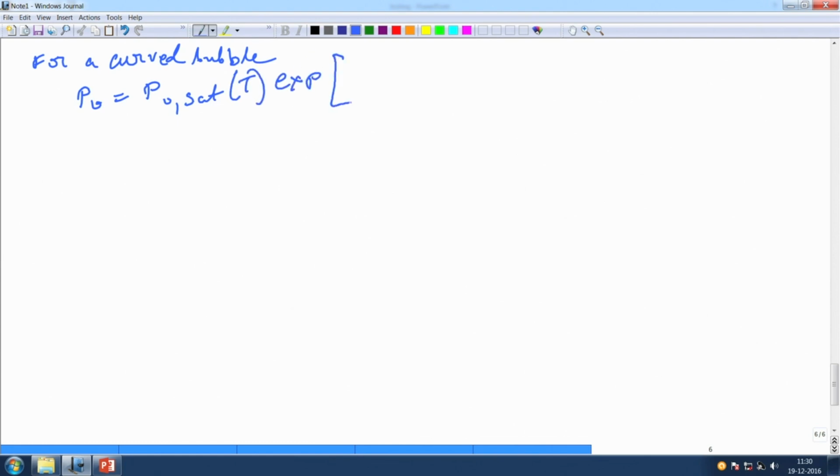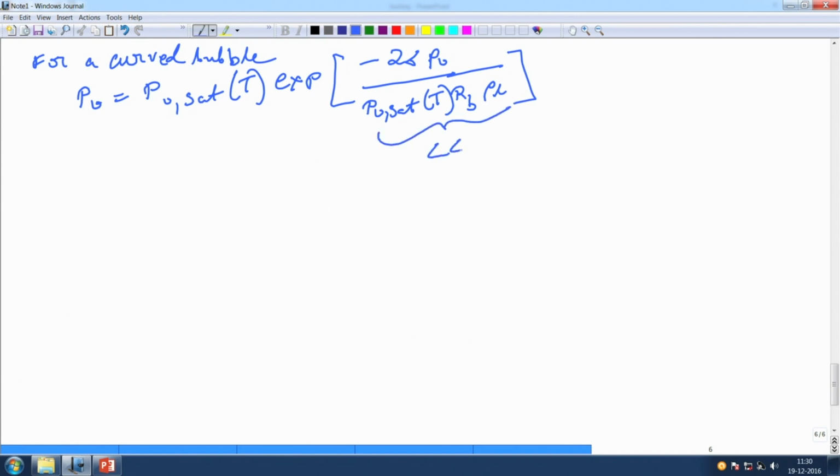So, all these things you can see how they come in handy as we go on in the course. This is rho v, PV sat at different temperatures, RB into rho L. Usually this particular term is much less than 1.